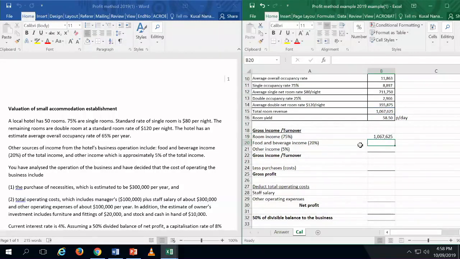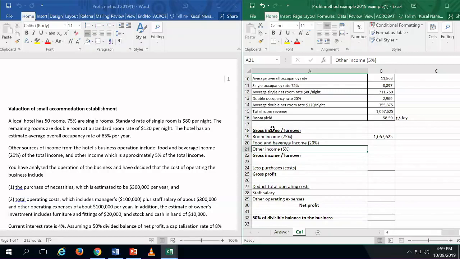Right. Food and beverages income, again, what does it say? Food and beverage income, 20% of the total income. And other income, which is approximately 5% of the total income. So this is 20%, this is 5%, and the room income is then 75% of total income.